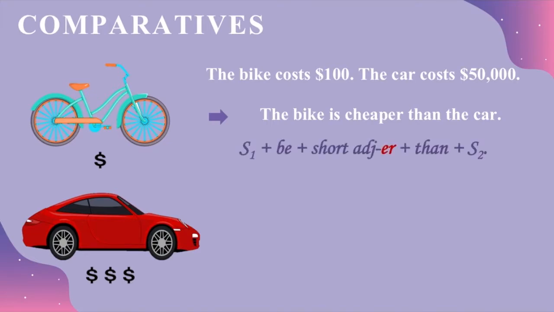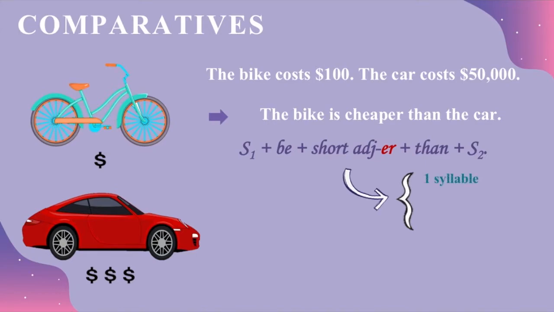Okay, in comparatives, we use subject 1 plus be plus short adjective with er plus than plus subject 2. Here is a question for you. What are short adjectives? Well, a short adjective is an adjective that only has one syllable.